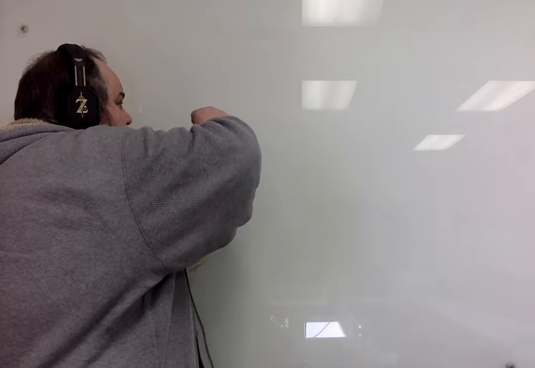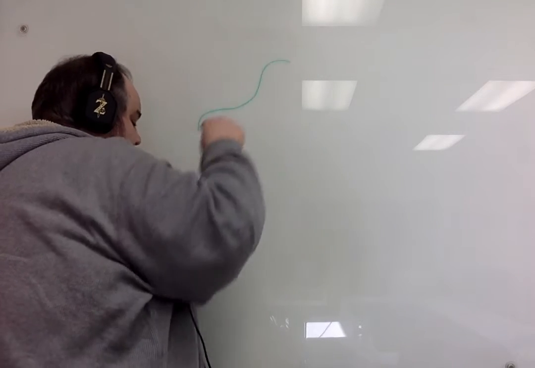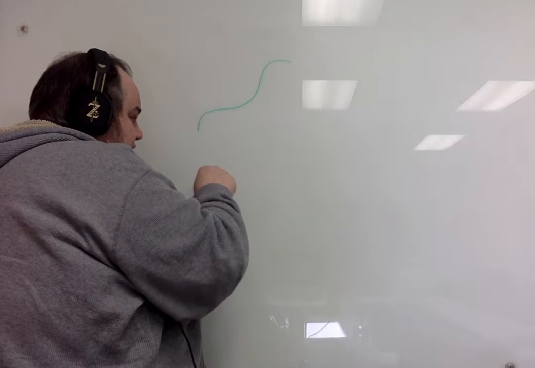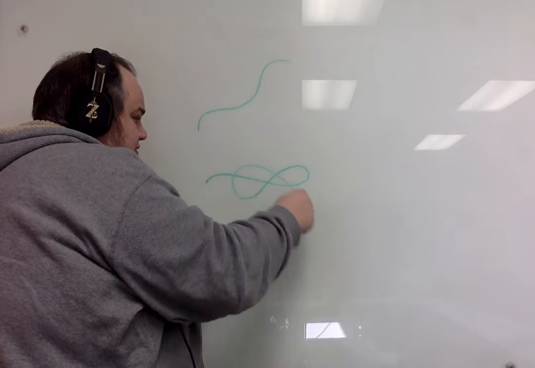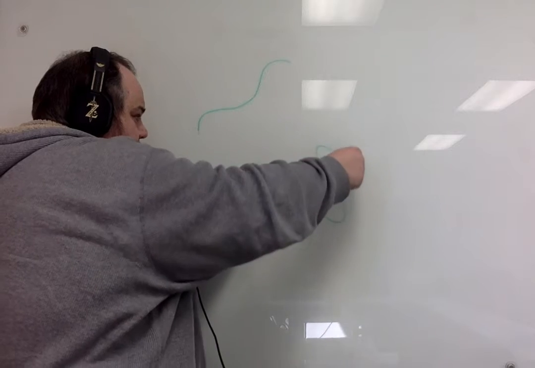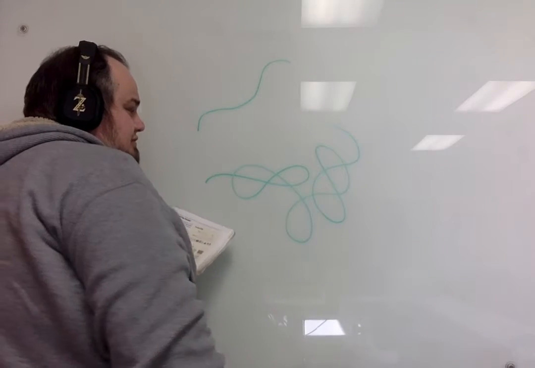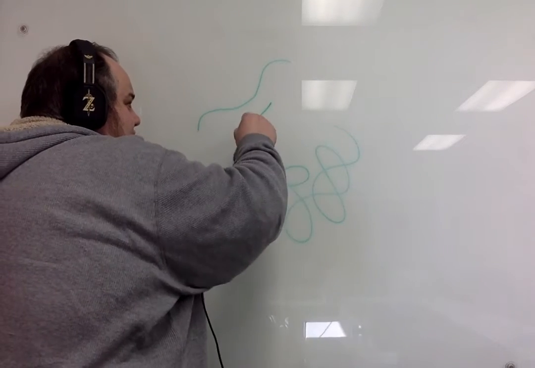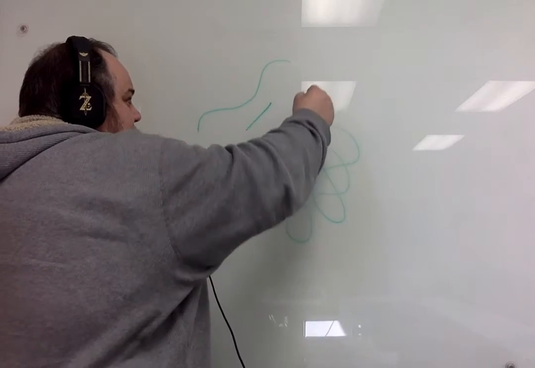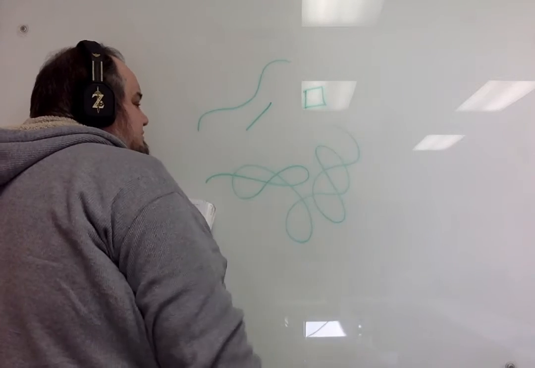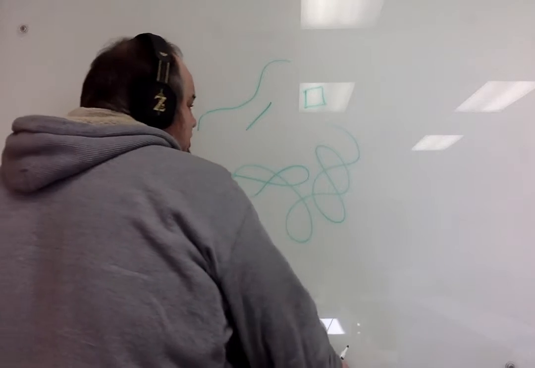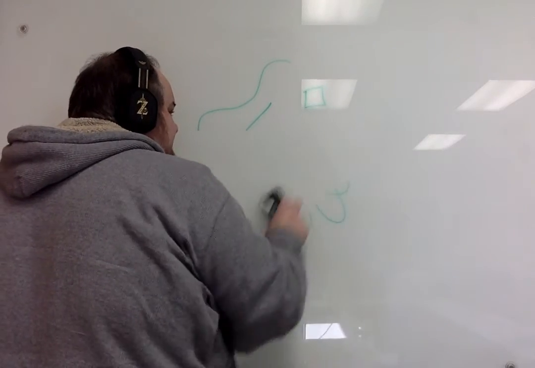So this would be a curve when we have a squiggly line. We could have something that goes like this. That's a curve. But we could also have this, a straight line, or this. So those are all types of curves, and they're different types of curves.